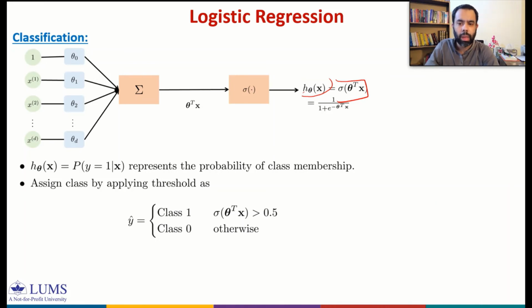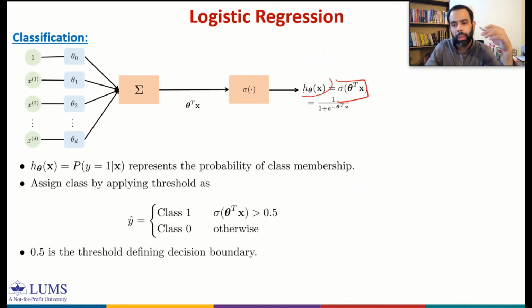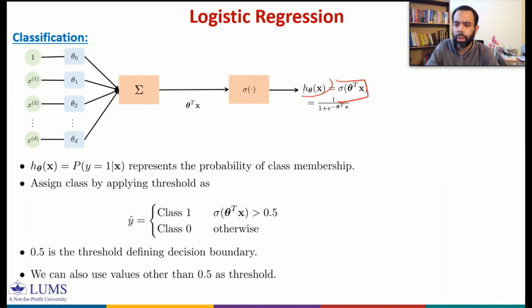Otherwise, we assign 0 to y hat. Here we have used 0.5 as the threshold, defining the decision boundary. If the output is greater than 0.5, you consider the input in class 1, otherwise you treat the input in class 0. And we will see that we can also use values other than 0.5 as threshold.